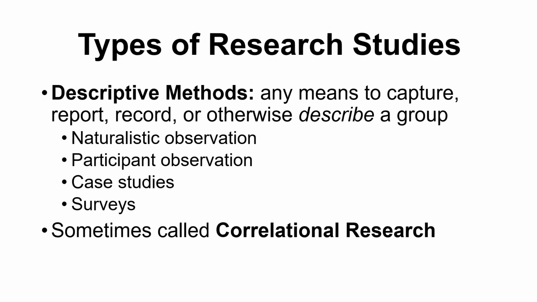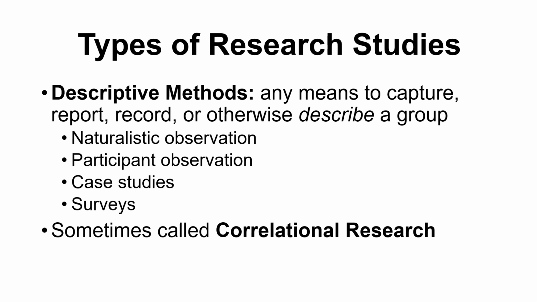Now, from what we've talked about already in this chapter, you might have figured out that not all research is going to be experimental. There is, in fact, another type of research study that can be conducted, and all of these fall under the broad category of descriptive methods.